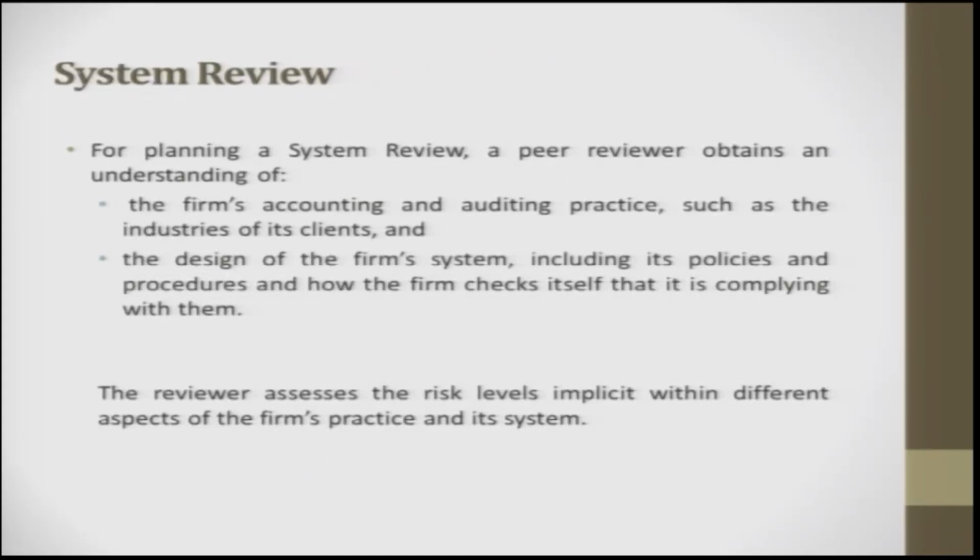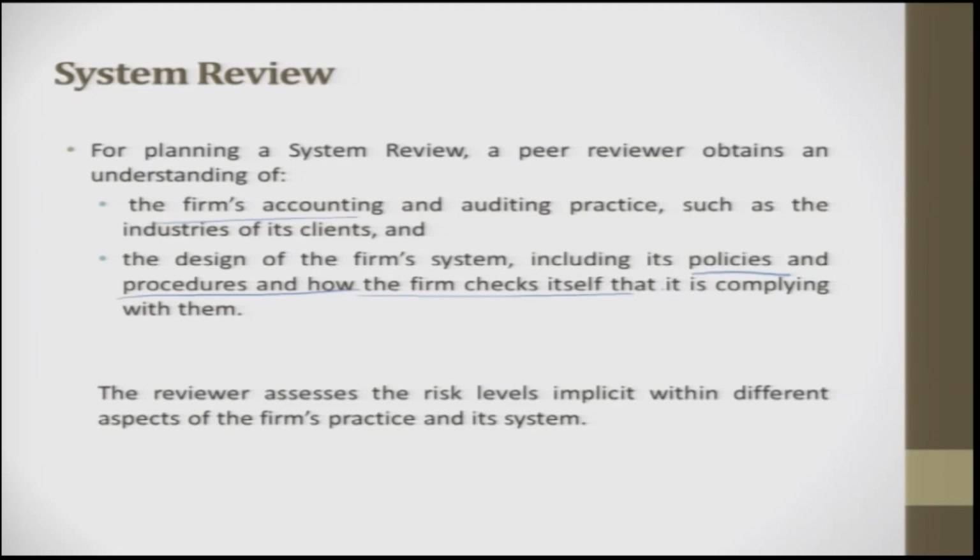Then system review. For planning a system review, a peer reviewer obtains an understanding of the firm's accounting and auditing practice. The design of the firm's system includes its policies and procedures, and how the firm checks itself that it is complying with them.